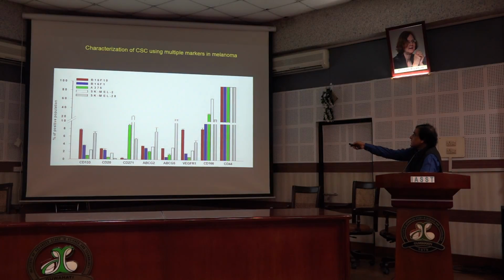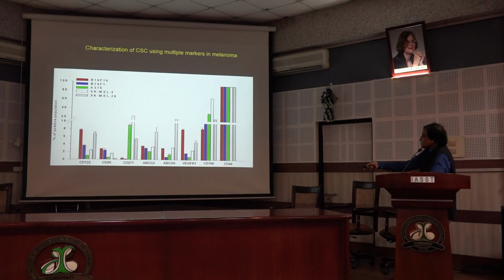What you can see in the left upper corner, B16F10 and B16F1, these are mouse-specific. He also used human-specific melanoma cells, A375, SKMEL2, SKMEL28. And for your information, patients who develop malignant melanoma have either a mutation of the BRAF gene or the NRAS gene. So some of the cells we selected are wild type, and some are mutated in the BRAF and NRAS genes.